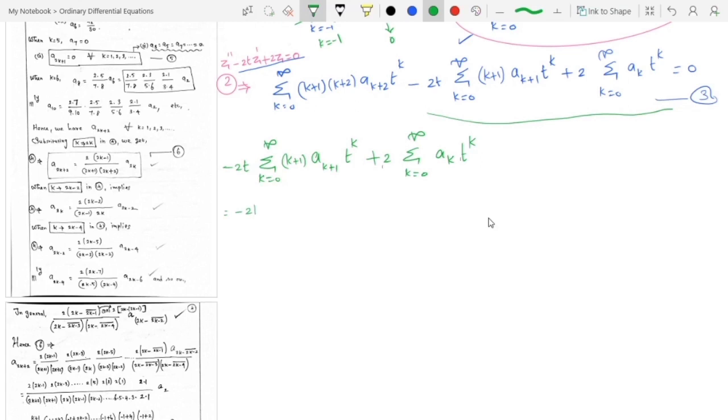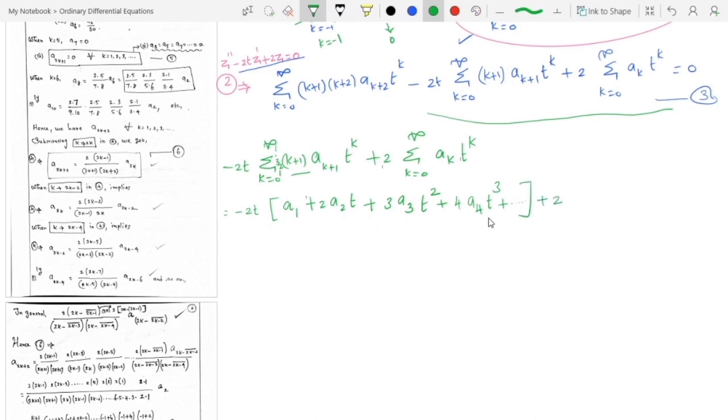Expanding the summation in minus 2t times z dash, k starts from 0. Substituting 0, 0 plus 1, that is 1, 1 into a1, t power 0, that is 1, anything power 0 is 1, so a1, plus k equal to 1, 1 plus 1, that is 2, a2 t power 1, plus k replaced by 2, 2 plus 1, 3, a3 t power 2, plus k replaced by 3, that is 3 plus 1, 4, a4 t power 3, plus and so on.